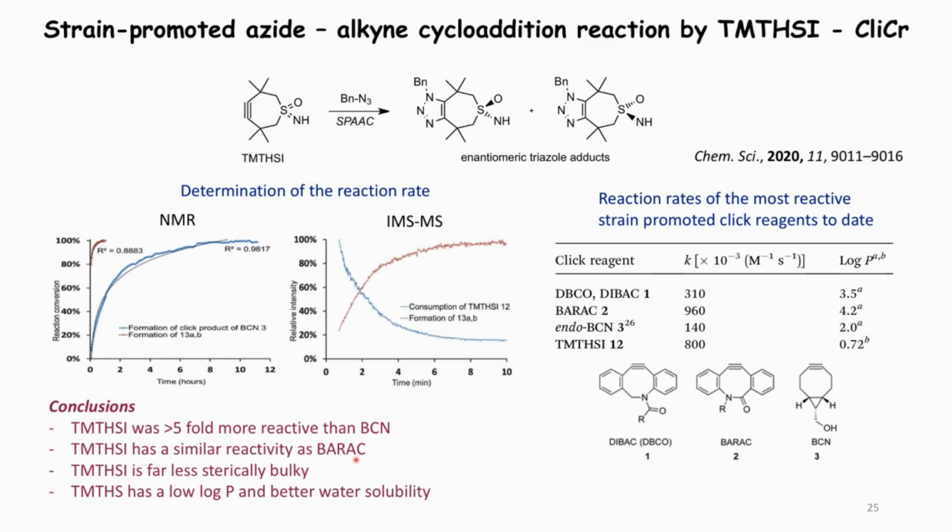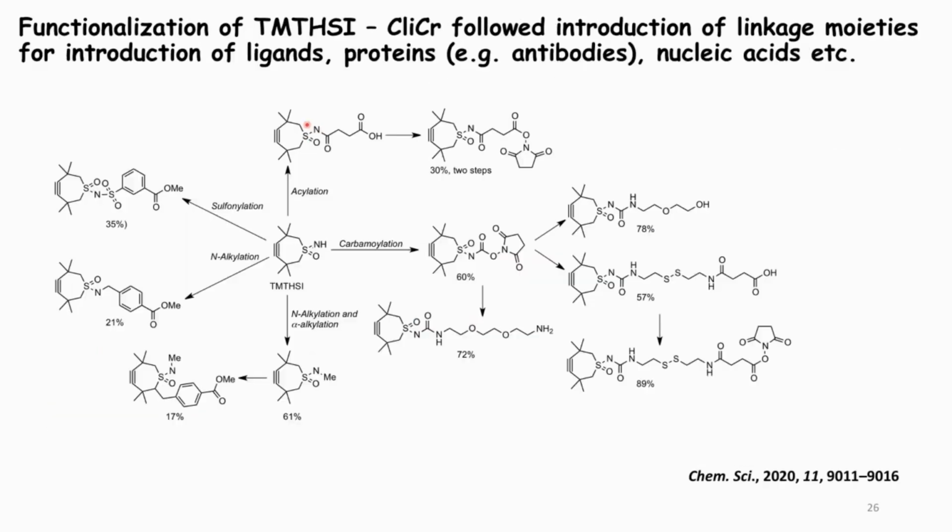It has a similar reactivity as BARAC, which is the most reactive compound, but BARAC is not that stable, and TMTH-SI is far less sterically bulky, so it does not give rise to all kinds of bystander effects if you attach something. And it has this low log P and better solubility. But the important aspect next is to attach something, to be able to do chemistry so that you can attach a linker so that one can attach ligands to it.